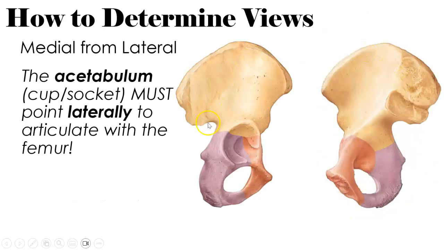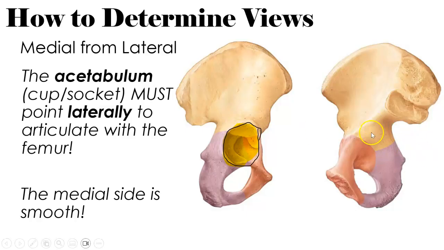As I mentioned before, these will be our common views when you use diagrams. So right now you're looking at them, the lateral view versus the medial. The lateral view always needs to show the acetabulum. This will be a bony marking I'll cover in just a bit. But when you see this kind of circle indent, that means you're looking at the lateral side. The medial side needs to be smooth.